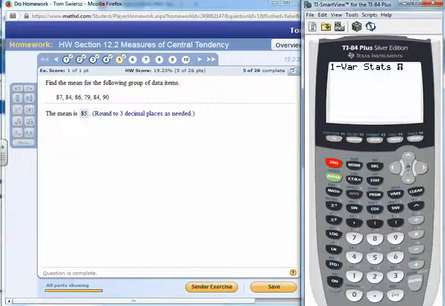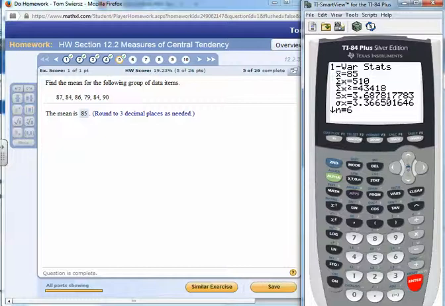Again, the list is in L1. There are no frequencies, so if you have a newer calculator, leave the frequency line blank and then go to calculate. And there's our correct answer, which is 85. X bar is the mean. I'm sorry, X bar is the first value, which is what we got when we just added them and divided by 6. Okay?